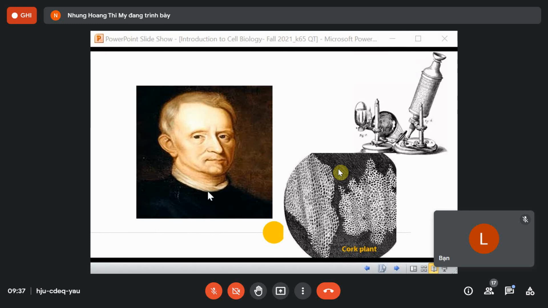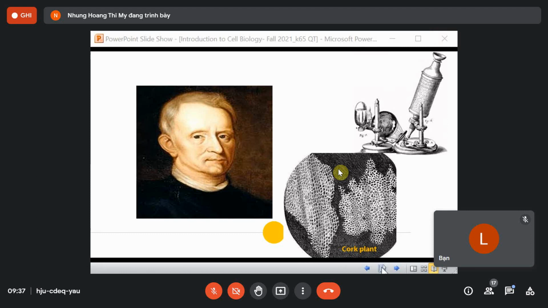So Robert Hooke took a piece of the cork's envelope and put it under the microscope in this part here, and he looked through the objective, and he found this structure.